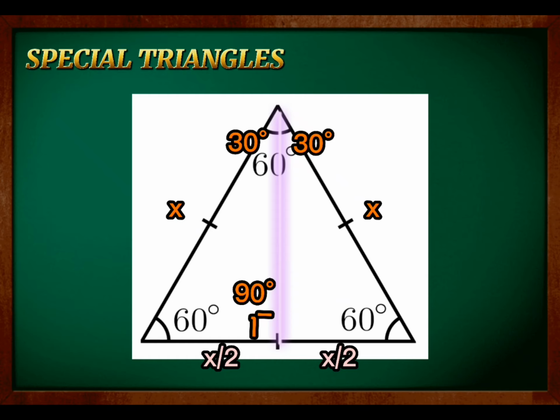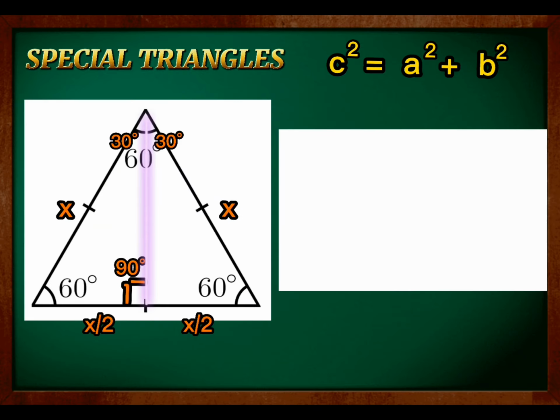In a right triangle, to find the measurement of each side, we use the Pythagorean theorem, which is c squared equals a squared plus b squared, where c is the hypotenuse. Let's substitute. That's x squared equals (1/2 x) squared plus b squared, which is the unknown. We evaluate.